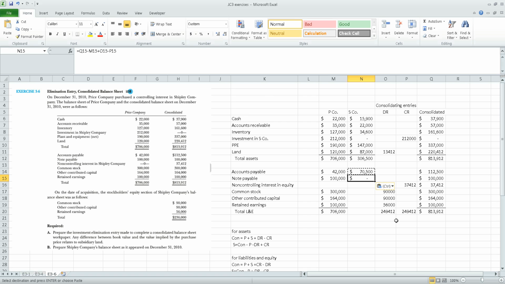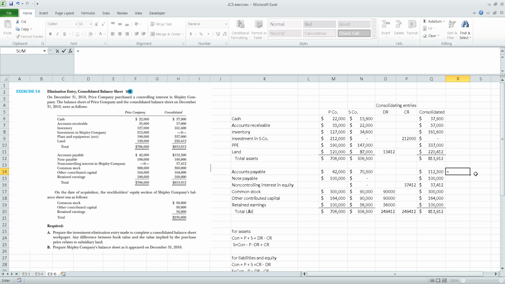Do the same thing for notes payable. Copy all the way down, sum up. So those must have been the liability and equity accounts that appeared in the sub's accounting records. And now let's double check, make sure that we're right by summing across this column, make sure that we come up with that number.